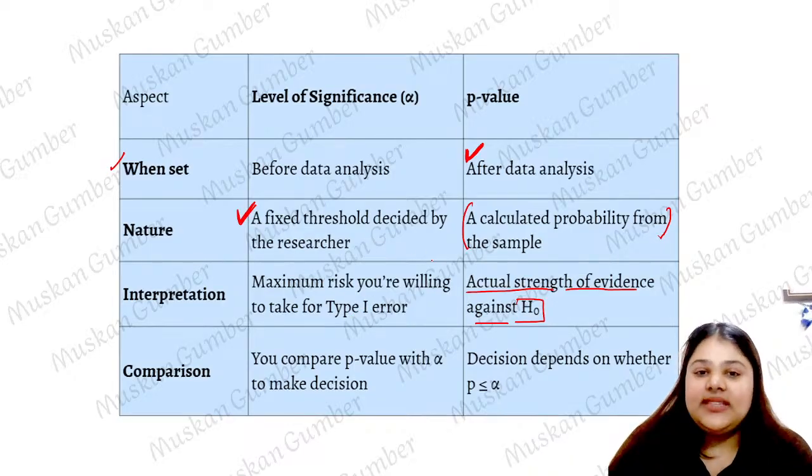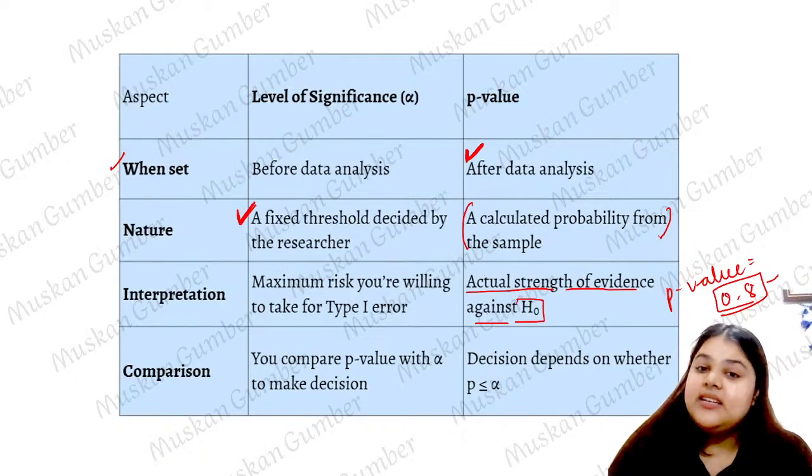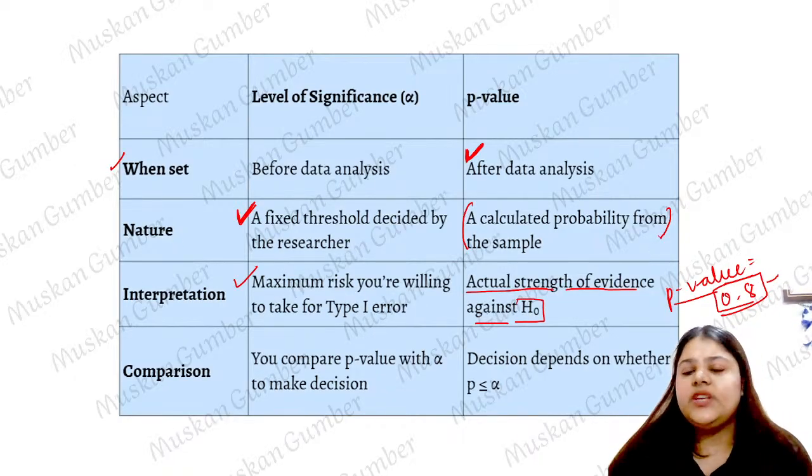So this P value, the table value that we have just gotten, 0.8 something, is the strength of evidence against the null hypothesis, which means it is the strength at which the null hypothesis can be wrong. Our level of significance was nothing but the minimum risk that we were taking for our type 1 error, that I will reject my null hypothesis when it is true, for 5% or 1%, etc.